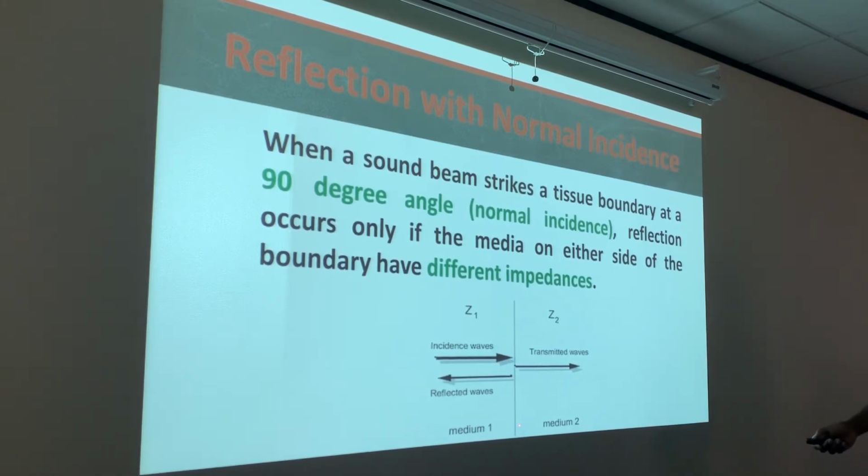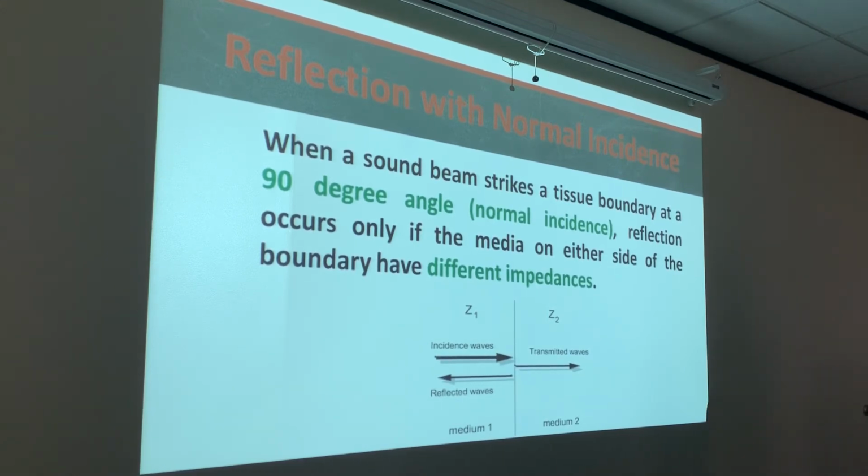Going from medium 1, soft tissue, to soft tissue, we're not going to get a reflection; that sound keeps transmitting. But soft tissue to bone: soft tissue doesn't have a high impedance, it's not highly resistant, but bone is high, so that creates a big, strong reflection.